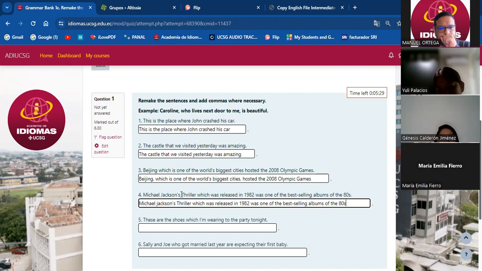In here, is it possible to eliminate one part of the information? Where would you put the comma?